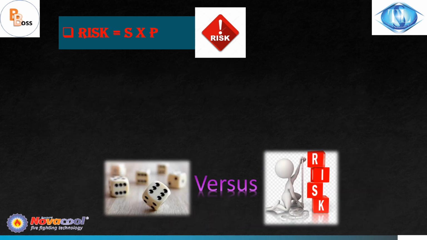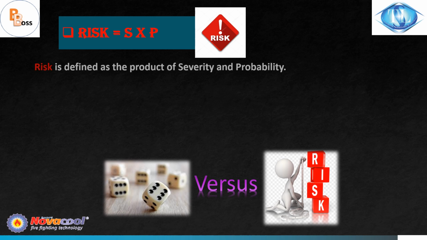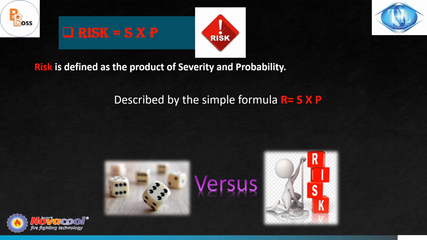Okay, so risk here is severity times probability. Risk is the product of severity and probability. The formula is very simple: R equals S times P. And this formula, believe it or not, we are going to use to make risk assessment, the qualitative risk assessment, the descriptive one.